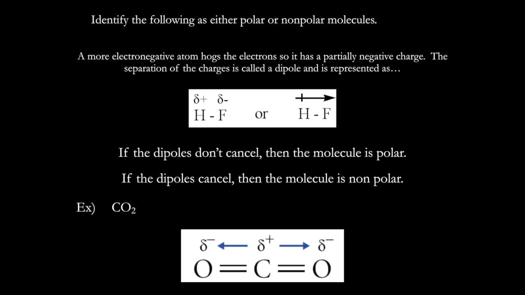Since you have an arrow going to the left and an arrow going to the right, those dipoles actually cancel each other out, and as a result, the molecule itself is going to be nonpolar.